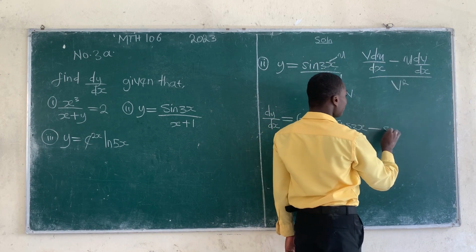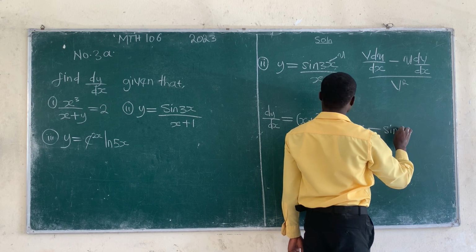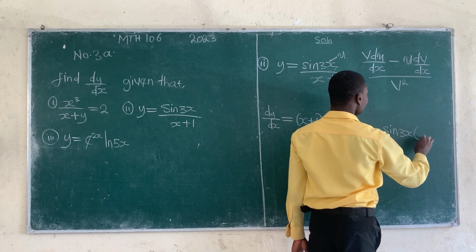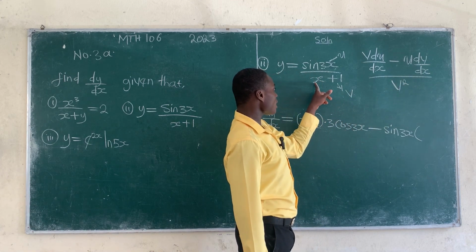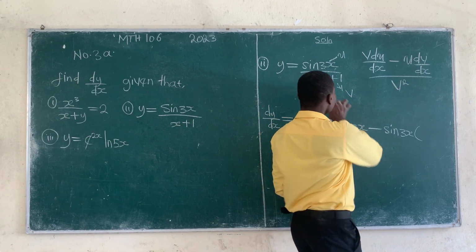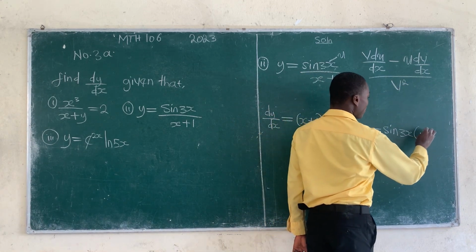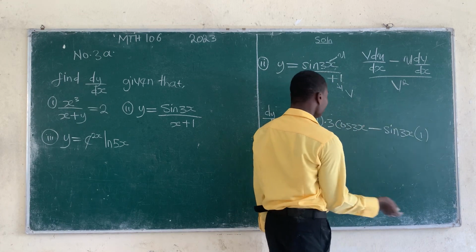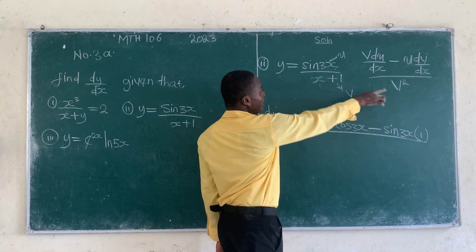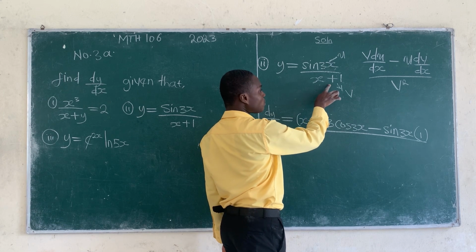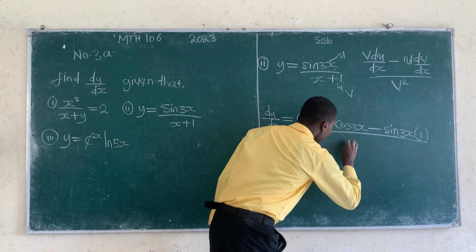Our u is sine 3x, into the derivative of v with respect to x. If you differentiate x plus 1, differentiate x you have 1, and differentiate 1 you have 0, over v squared.